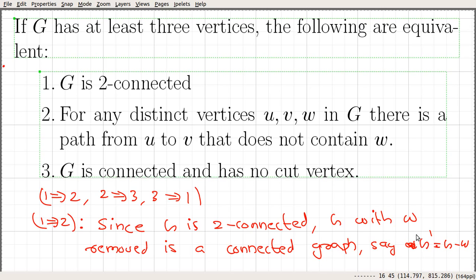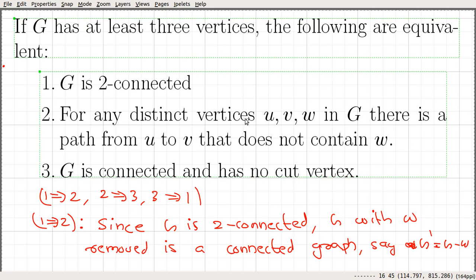This G dash is obtained from G by deleting the vertex W. Since there is a path from U to V in G dash, that path does not contain W, because we obtained G dash by removing W. The same path must exist in G, and that path is not going to contain the vertex W.